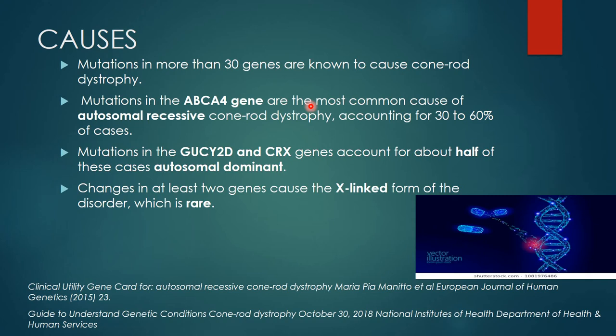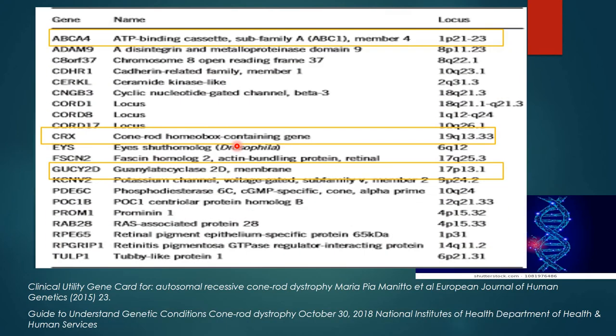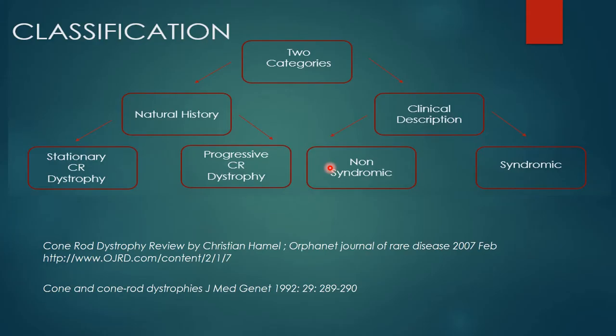These are the major genes involved in cone rod dystrophies, with their particular locations and names.